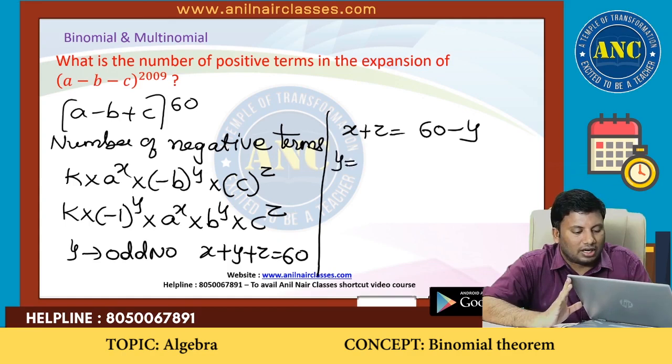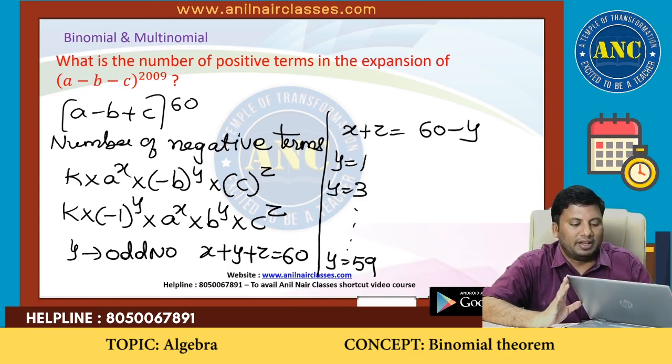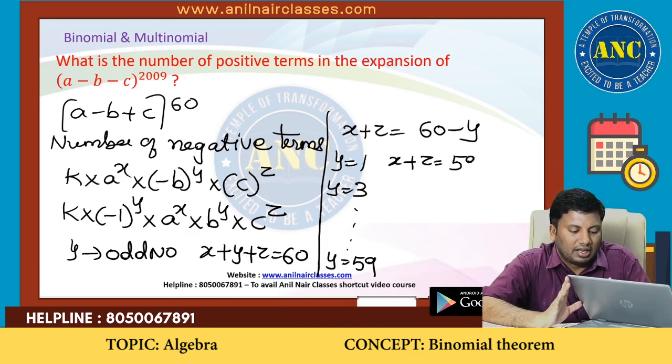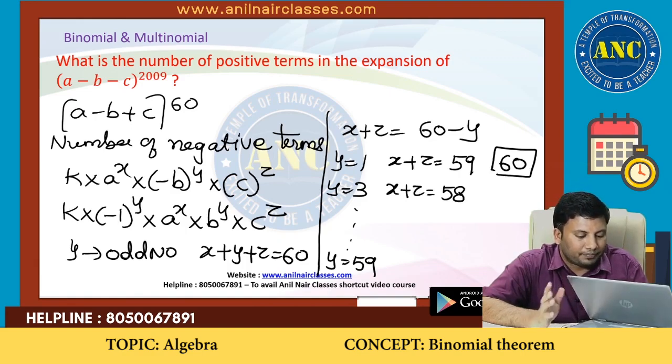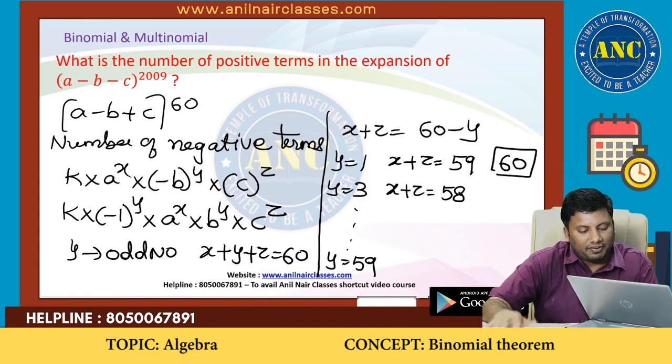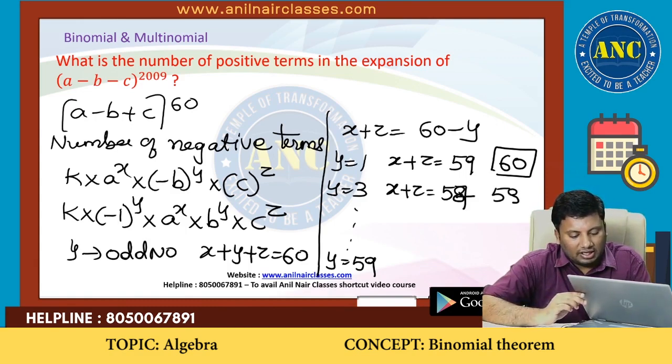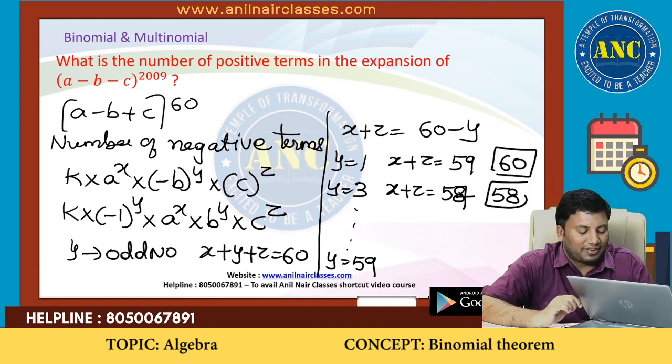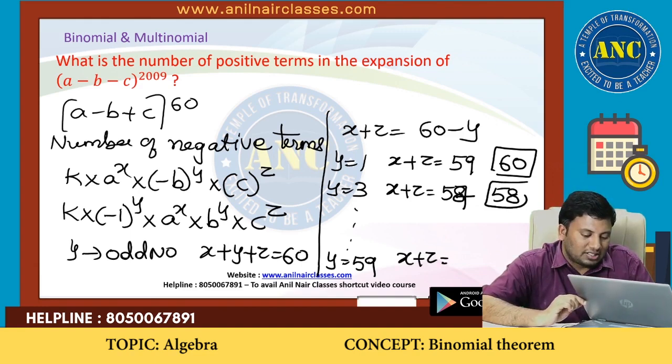Y can be 1, 3, up to 59. If y is 1, x plus z is 59. If y is 3, x plus z is 57. If y is 59, x plus z is 1.